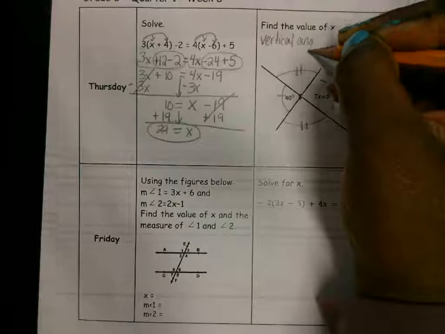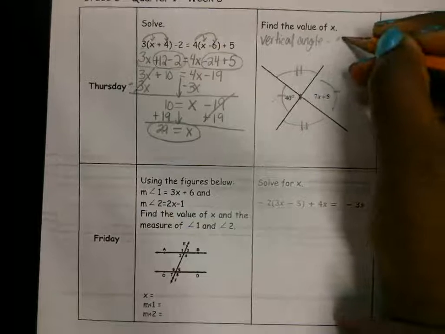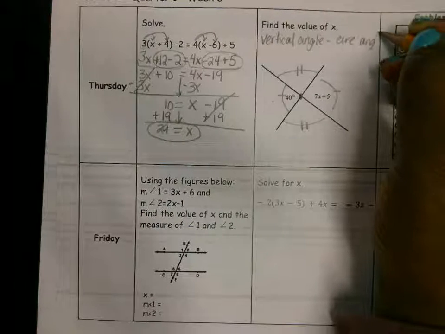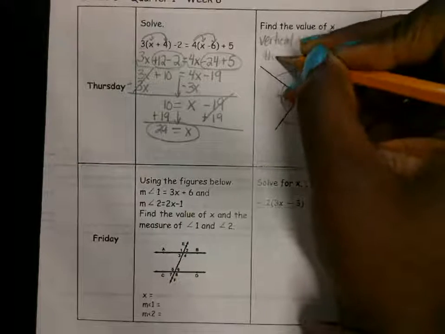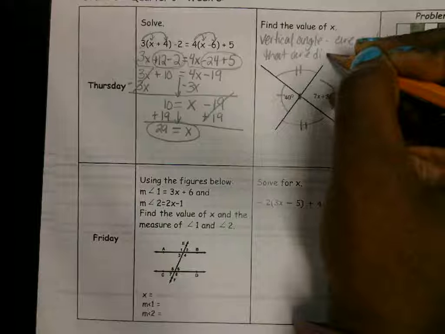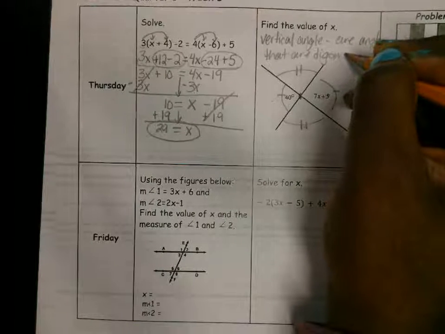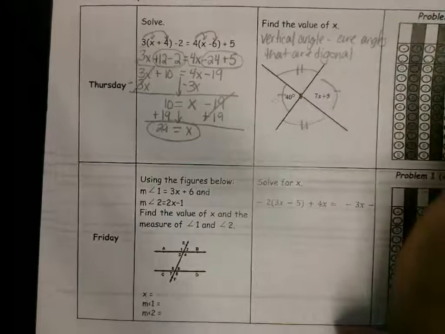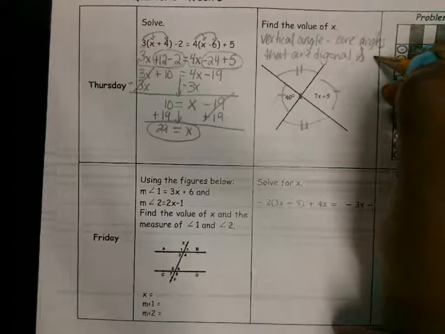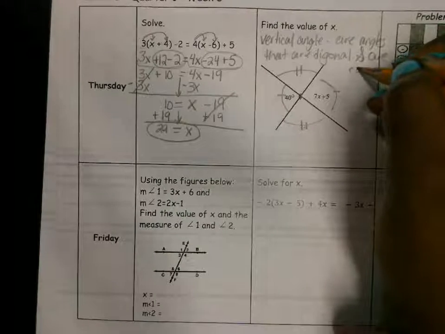Vertical angles are angles that are diagonal from each other, and they are congruent.